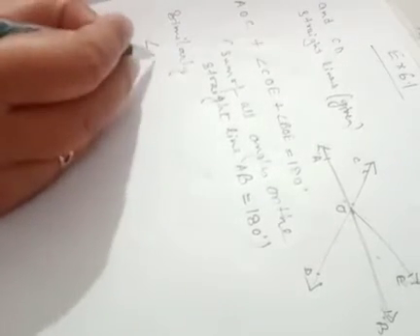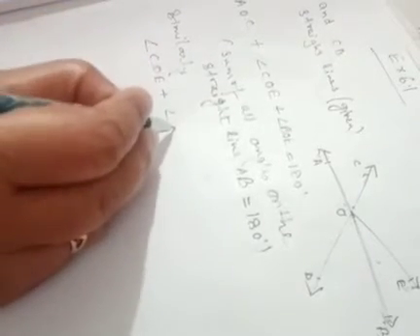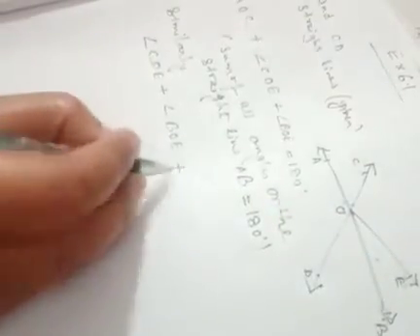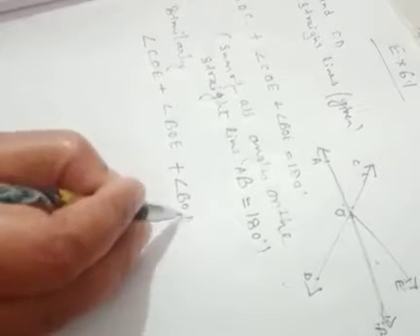Similarly, angle COE plus angle BOE plus angle BOD is equal to 180 degree. Okay, students.